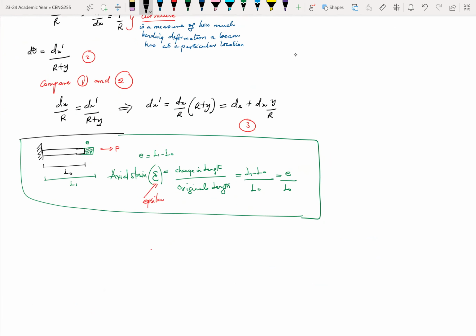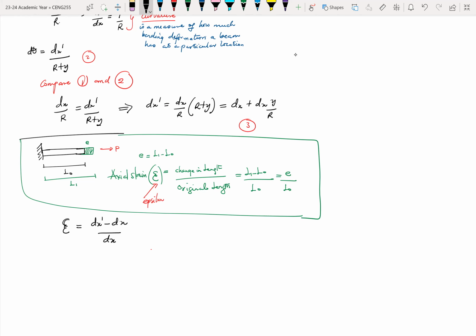So here, my axial strain epsilon, this looks funny, it is a difficult symbol to write. It is equal to X prime minus X over X. So the new length minus the original length over the old length.